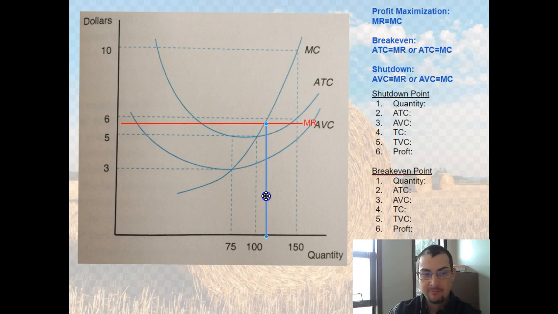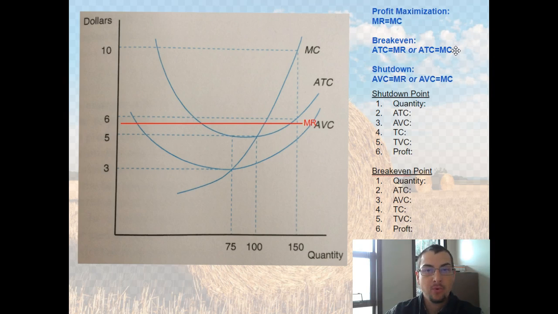So, that being said, let's start looking at where the break-even point occurs. We know that the break-even point is going to occur where average total cost equals marginal revenue, or down here, average total cost equals marginal cost. How is that the break-even point?